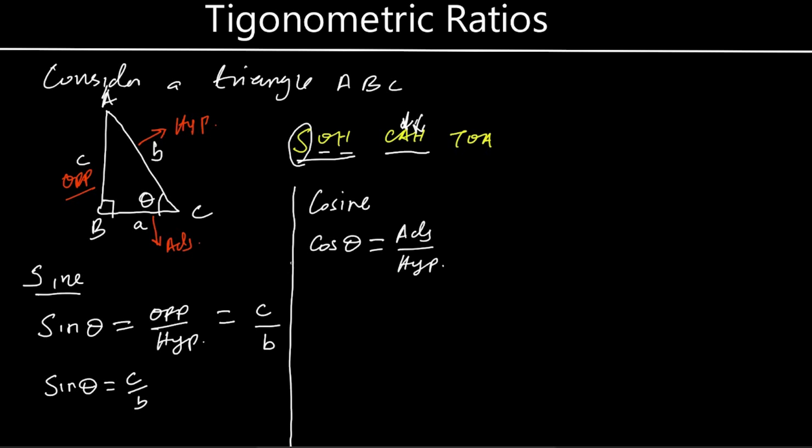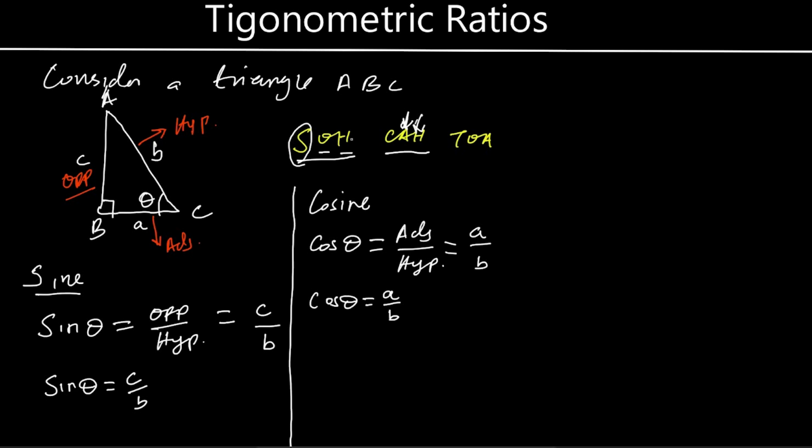The adjacent is represented by letter A, and the hypotenuse is represented by letter B. So we can say cos theta is equal to A divided by B.